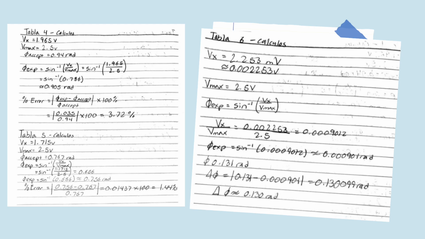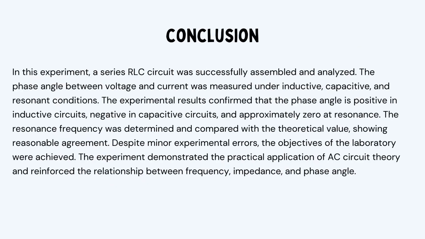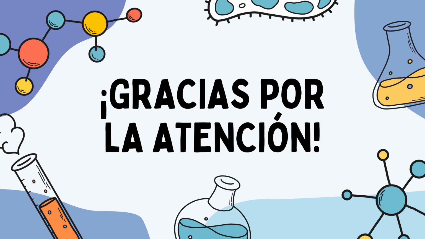The resonant frequency was determined and compared with the theoretical values, showing reasonable agreement. Despite minor experimental errors, the objectives were achieved. This lab reinforced the relationship between frequency, impedance, and phase angle in AC circuits.